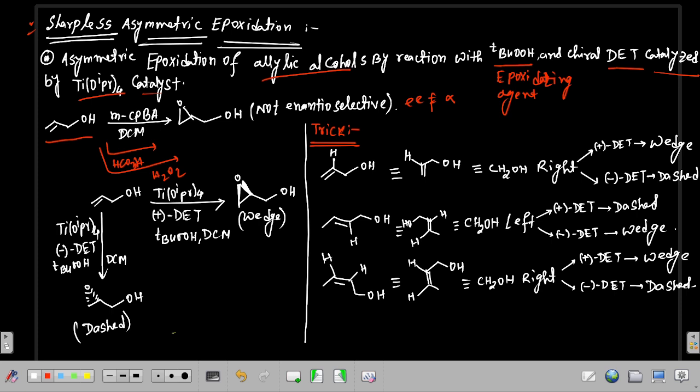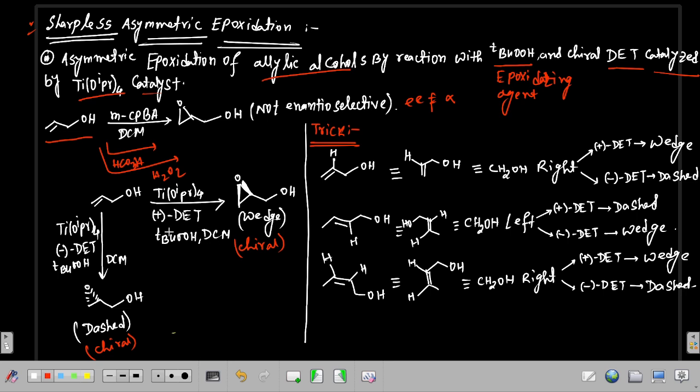epoxide, which is chiral, and in presence of minus DET, it's giving this chiral epoxide. So both are chiral. So both are optically active species. Now there is a trick to remember how to get these products.